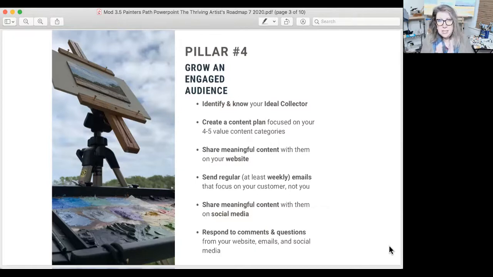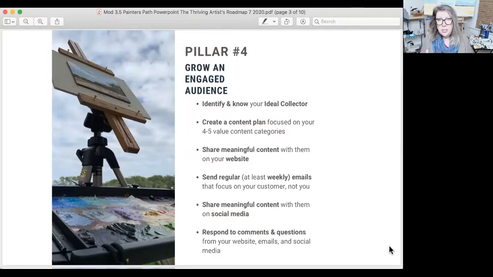So those 6 habits are identifying and knowing your ideal collector, creating a content plan focused on your 4 to 5 value content categories. This is the trick to not having to spend hours and hours going, oh Lord, I need to make a social media post. I better do something really quick.